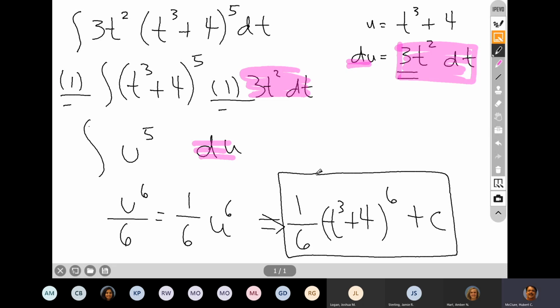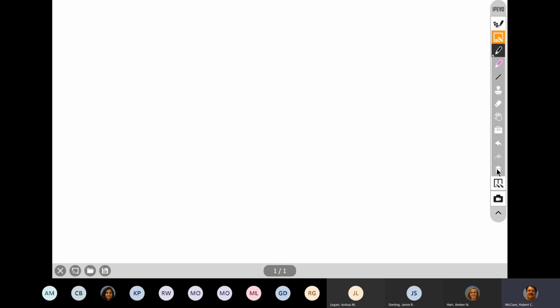So let's go over one that will, let's see. Okay, here's one. I'm trying to find the eraser. There it is, garbage can. I don't need the garbage can, I need to add.